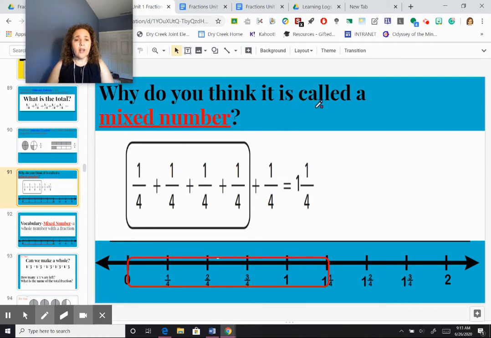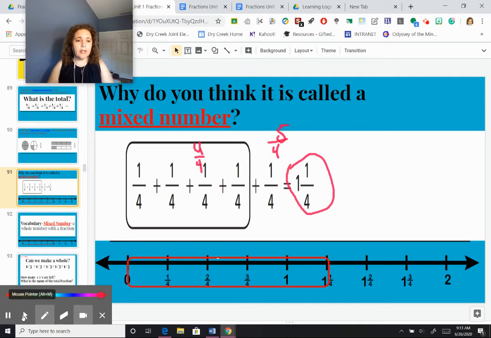So why do you think it's called a mixed number? So 1 1/4 is our mixed number. It's the same one as the picture we had before, because if you count them 1, 2, 3, 4, 5, it's still 5/4. But another way to say it is to say we have one whole because we have 4 out of 4, right?